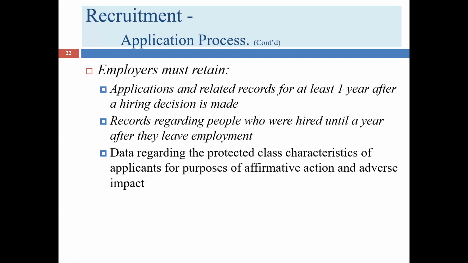He was hired February 1 of 2019, and he leaves employment, we'll say, March 1 of 2039. Well, that clock then starts on March 1, 2039, and so his records can be removed or deleted on March 1 of 2040.